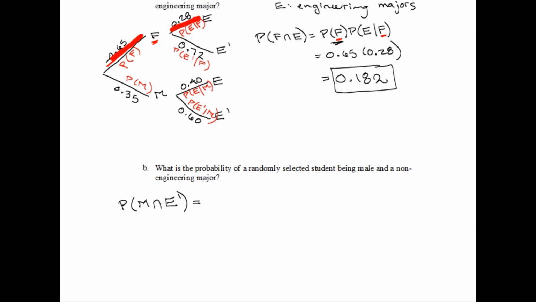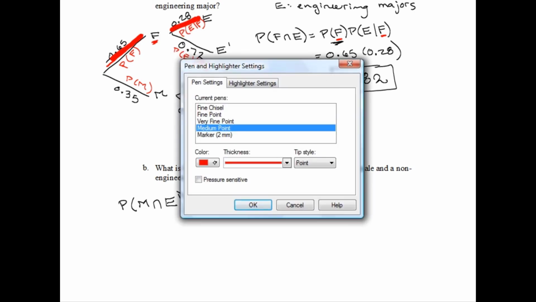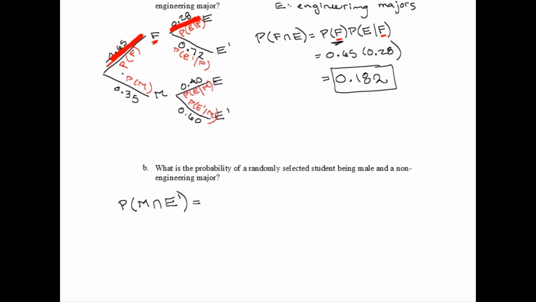So now we need to find the section of the tree that goes through both M and E complement. Okay, so here's M, here's E complement. So we're going to have to go through there. And so that tells us what we're going to end up needing.